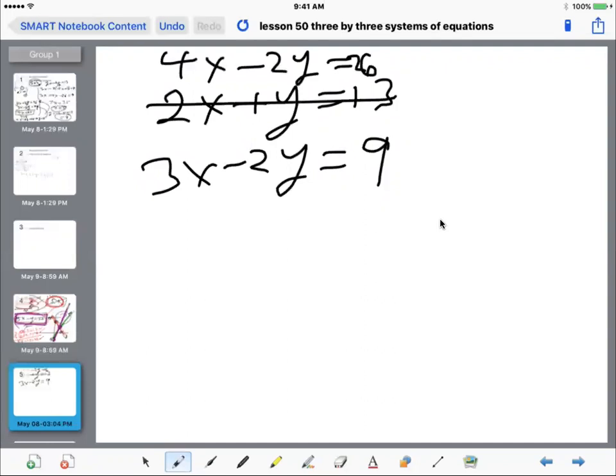You can type it in. How does the graph of 4x minus 2y equals 26 compare to the graph of 2x plus y equals 13?